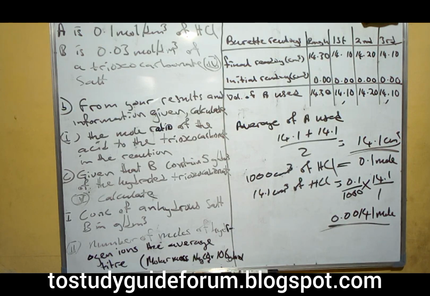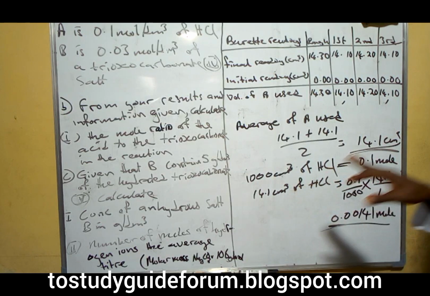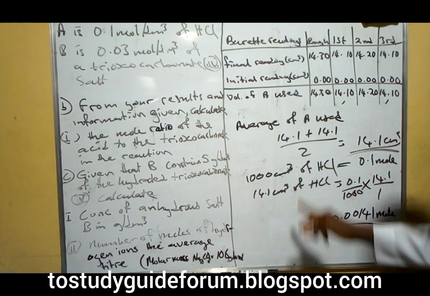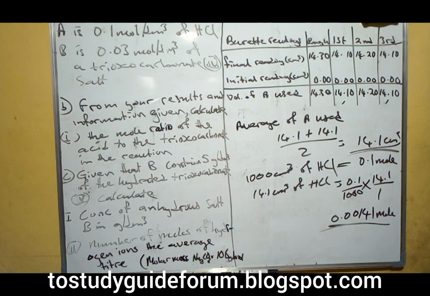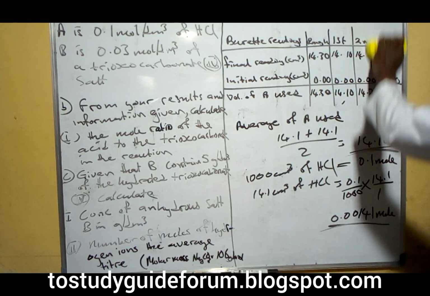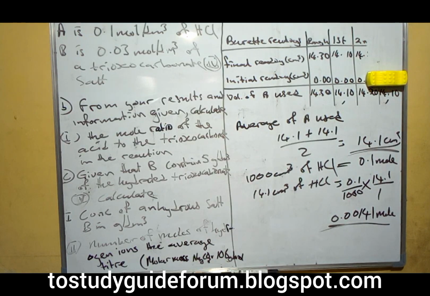That is the mole we have in this. So the next thing we're going to do is to get that of the triacyl carbonate that reacted. We're going to do that here now.